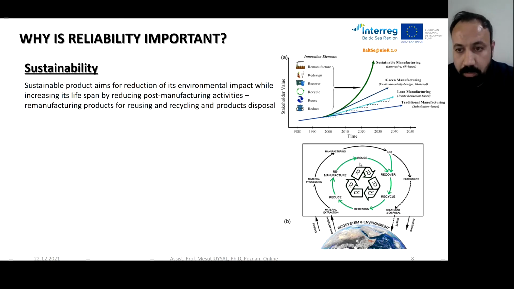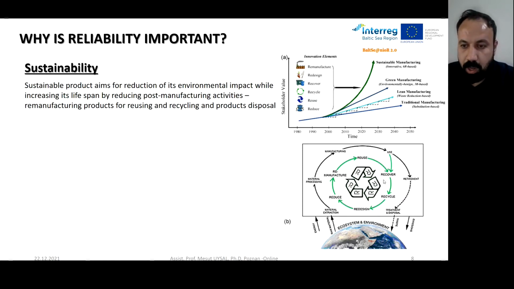If it is not reliable, in the first service life, with the first user, it may break, and the user cannot know the reliability, the environmental impact, or the recyclability of the furniture. He may just throw it away, and the furniture goes to disposal.